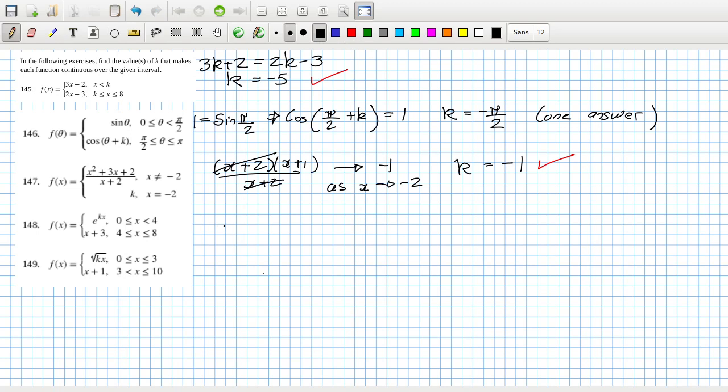Okay, we got to make sure that e to the k times 4 will equal 4 plus 3 as it transitions from one piece to the other piece, which is, of course, 7. So that means 4k has to equal log 7.